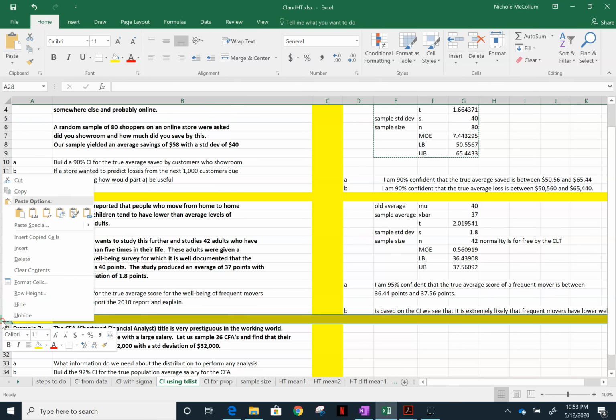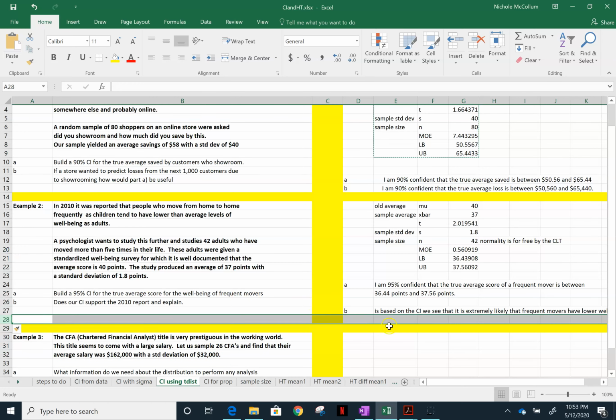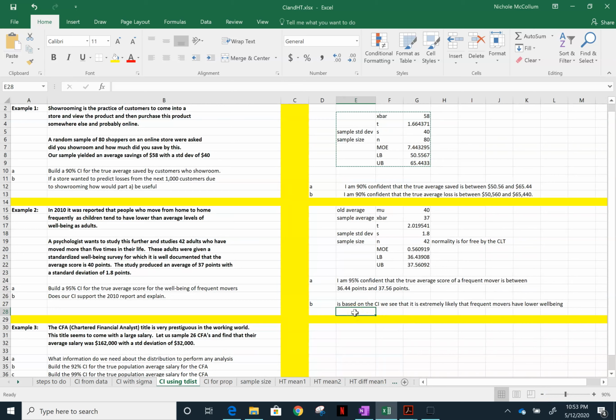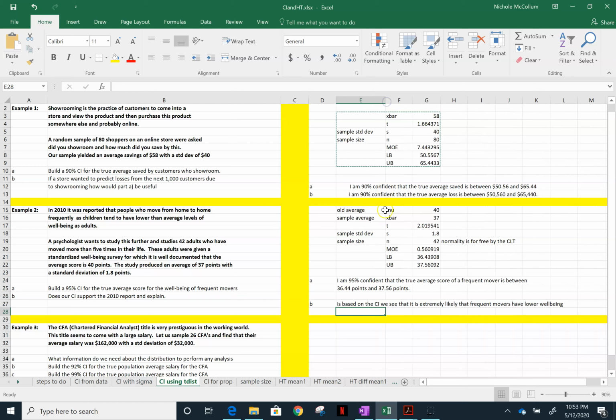And I'm going to give myself a little bit more room here so I can write more. So let me bring that word in there. So part B, my idea is based on the confidence interval. We see that it is extremely likely that frequent movers have lower well-being.